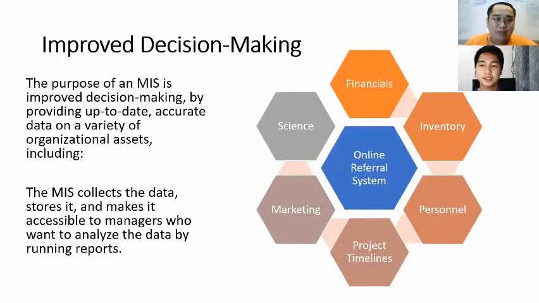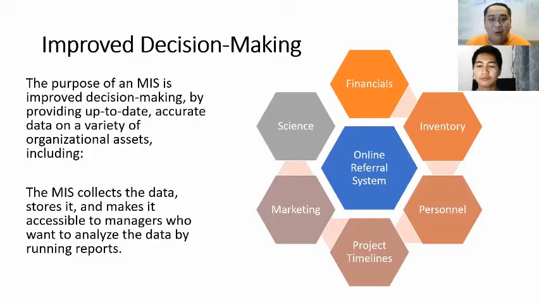So in this slide, we will know about improved decision making. As Jack explained about the management information system, the purpose of MIS is improved decision making by providing up-to-date, accurate data on a variety of organizational assets, including sales, financials, inventory, personnel, project timelines, and marketing.